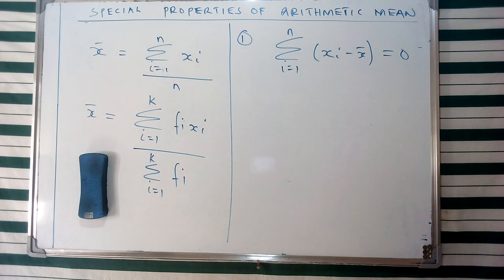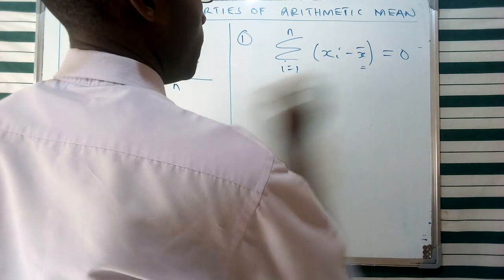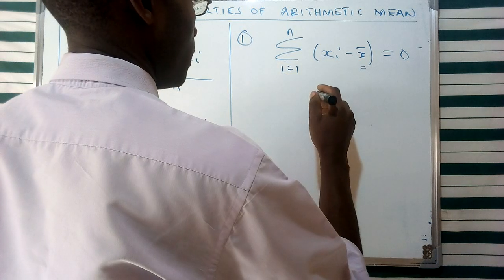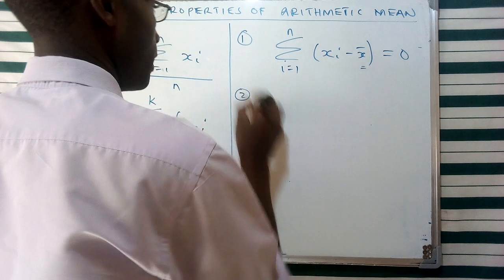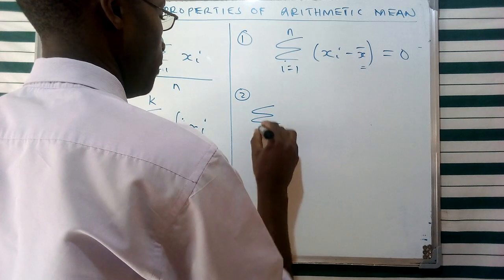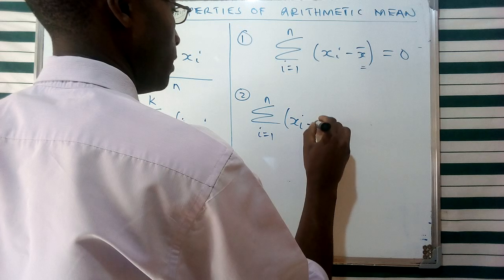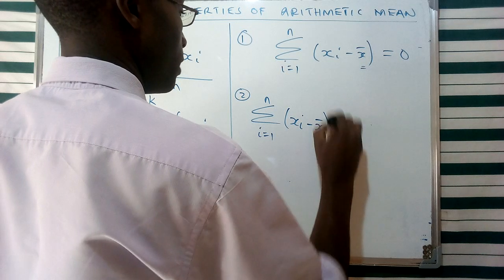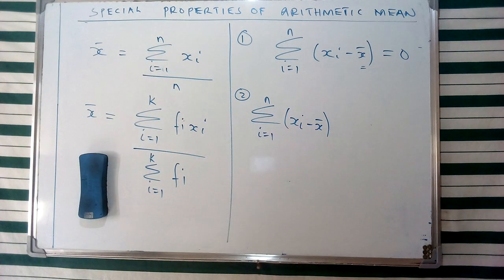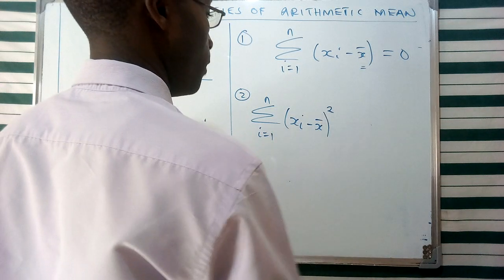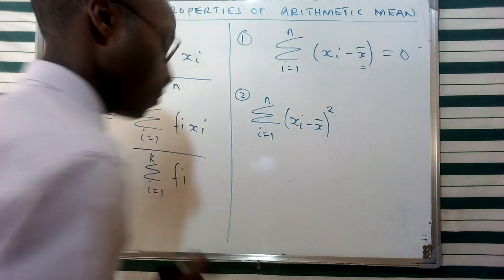Having mentioned the deviation from the mean, in some cases we're going to consider a general case, where we consider the deviations of items from the mean and from an arbitrary value, and see the implications. Suppose we have the summation of the squares of deviations of the values xi from the mean.